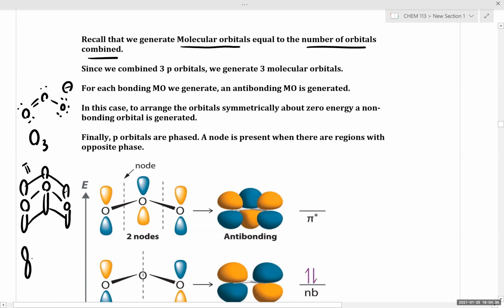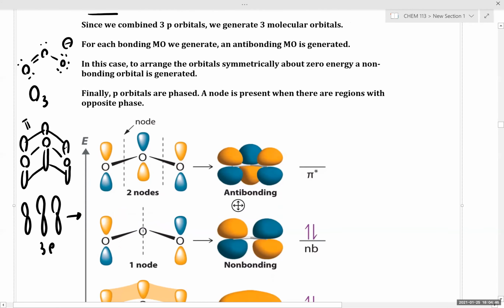In total, we've taken 3 p orbitals, and we're going to use those conjugated p orbitals to generate molecular orbitals. In those p orbitals, we have 2 plus 2, 4 electrons. So we have 3 p orbitals and 4 electrons distributed throughout this conjugated pi system.